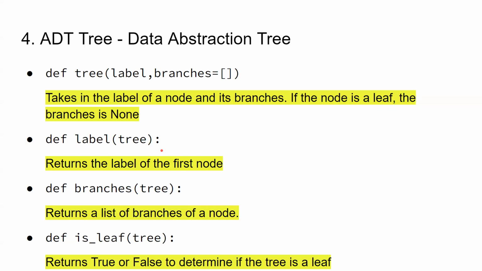And define label(tree): the label of a tree returns the label of the first node, the label of the root. And define branches(tree): you return a list of branches of a node, because for a tree, branches is a list of the subtrees that create this tree. And isLeaf, you return true or false to know whether the tree is a leaf.